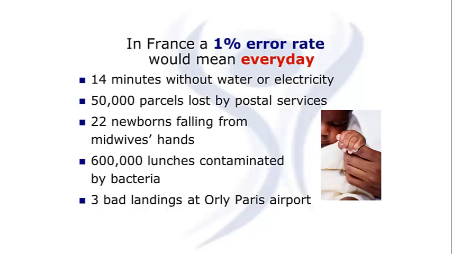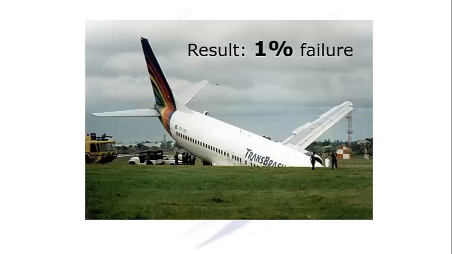It would also mean that every day 600,000 lunches could be contaminated by bacteria in a restaurant somewhere. It can also mean that there would be 3 bad landings at Orly, Paris airport, like this one right here. And this is a result of a 1% failure.